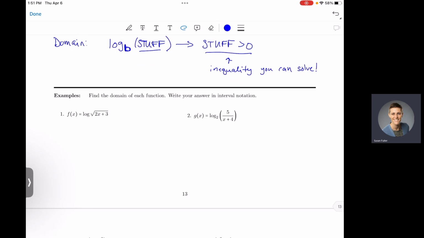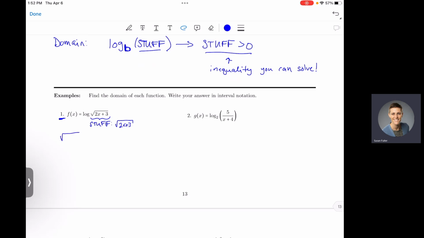Okay, so let's try this. So number one, we want to find the domain of these functions. Number one here, f of x equals log of the square root of 2x plus 3. So if we have stuff inside our logarithm, our stuff is the square root of 2x plus 3.